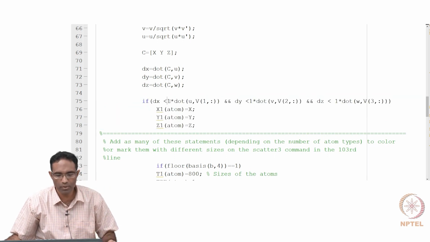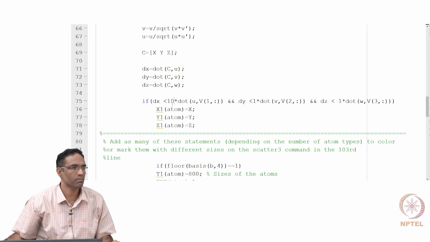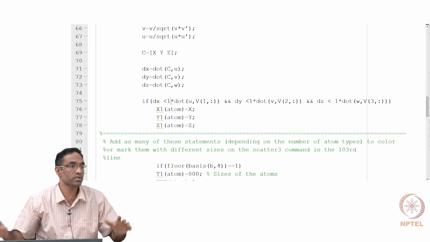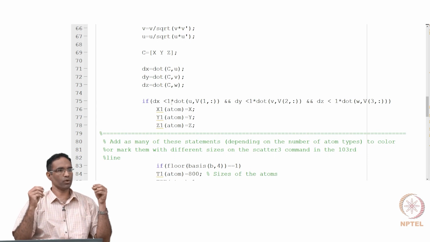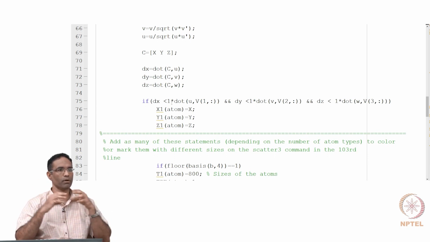Or you can just put 10 here, and then it will store all the atoms lying within 10 unit cells. In this manner you can modify this program pretty quickly to get the right number of unit cells, control them and visualize them.